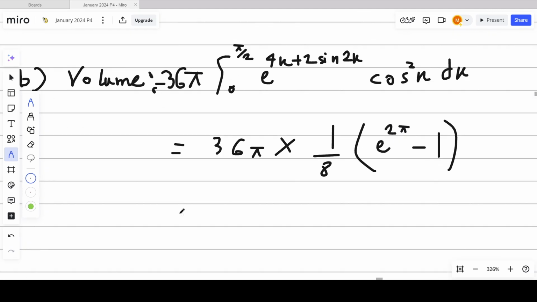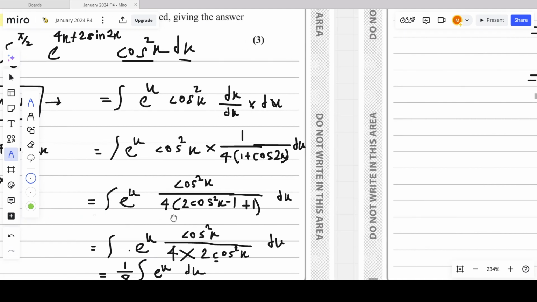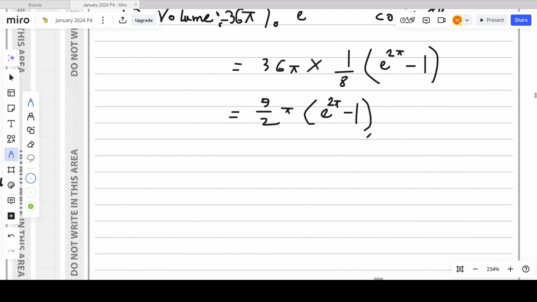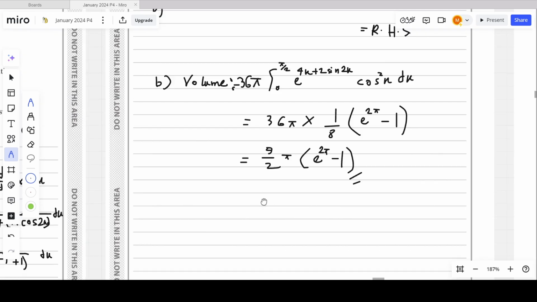So 36 over 8 is what? 36 over 8 is 9 over 2. So 9 over 2 pi times e to the power 2 pi minus 1. This is the simplest form. We don't need to simplify any further. And that's the answer to part B.